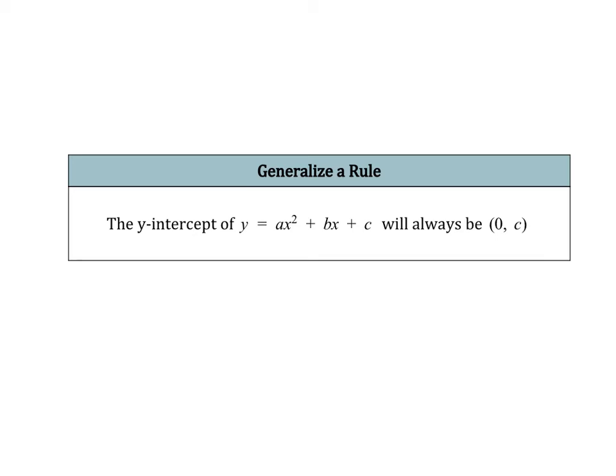So the general rule for finding a y-intercept when an equation is in standard form, like this, y equals ax squared plus bx plus c, the y-intercept will always be 0, c. So remember, this is our c value, our constant, so it will always be 0, c because these two terms will disappear.